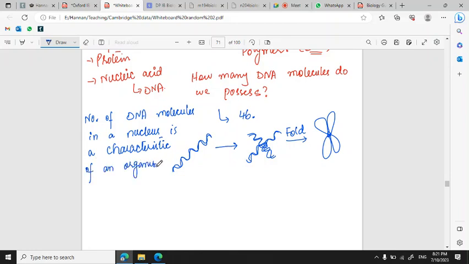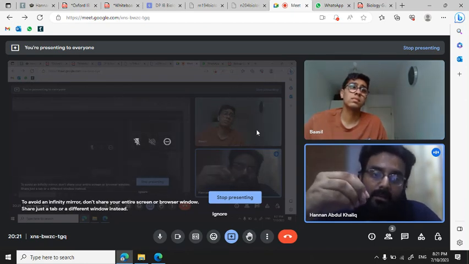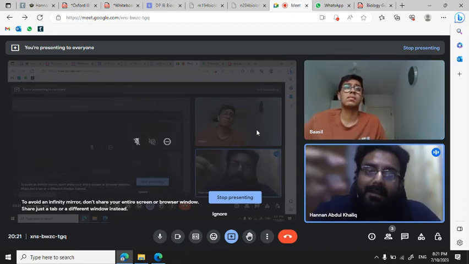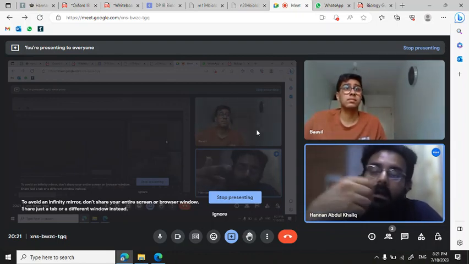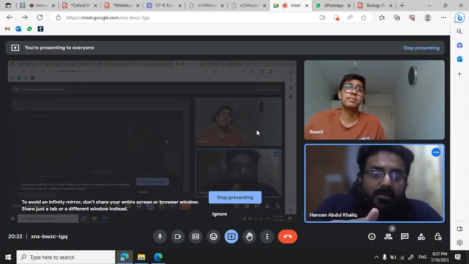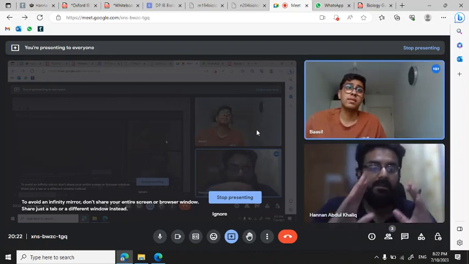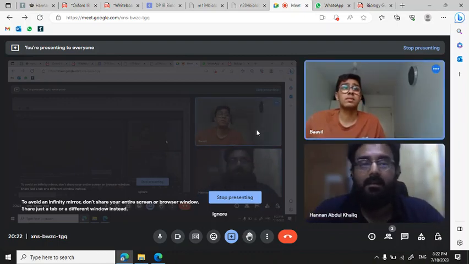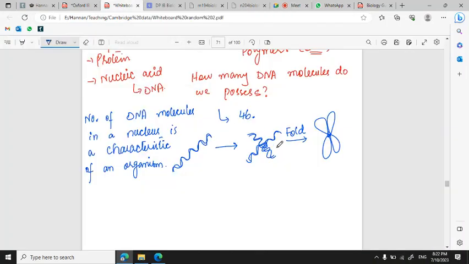If we have 46, then we should obviously be thinking that it is a human. If an organism has 48 molecules of DNA, it may be a chimpanzee, because a chimpanzee possesses 48 molecules. If it possesses 40 molecules of DNA, it may be a dog. So these are some of the characteristic things to define an organism. We should be focusing on the number of DNA molecules.